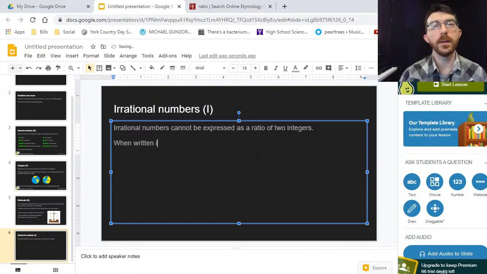When written in decimal form, they are infinitely long and never repeat.